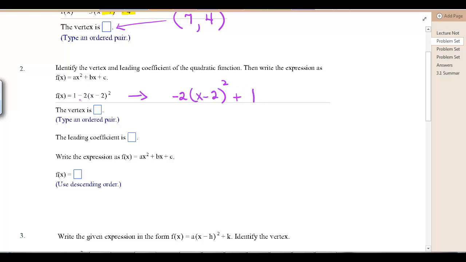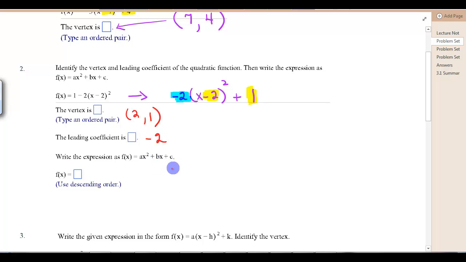All right, so now I can pull out the vertex. Remember that it's here and here. Remember that I changed the sign of this one. So I've got 2, 1. That's my vertex. The leading coefficient is this number right here. So that'll be a -2.